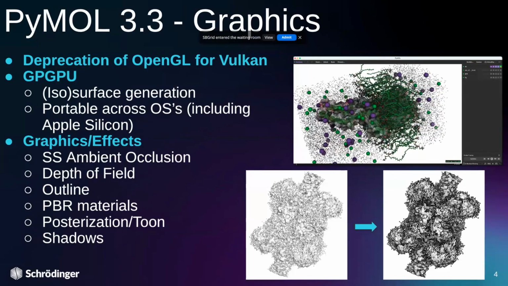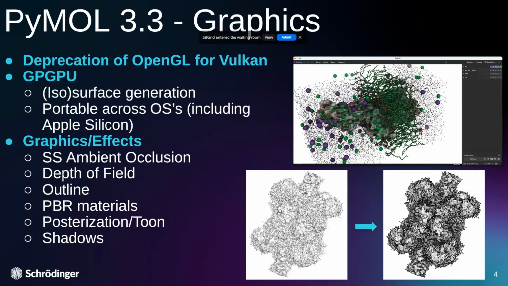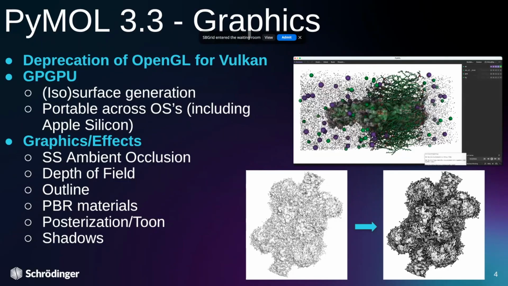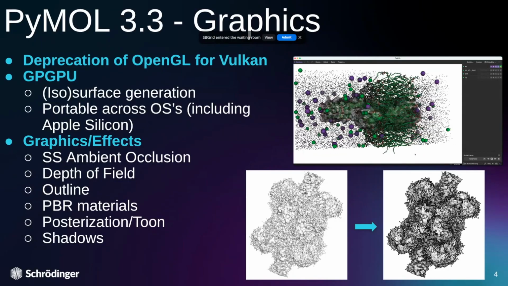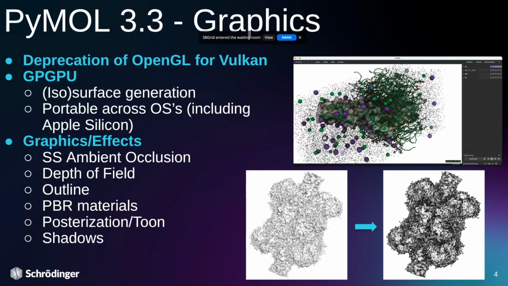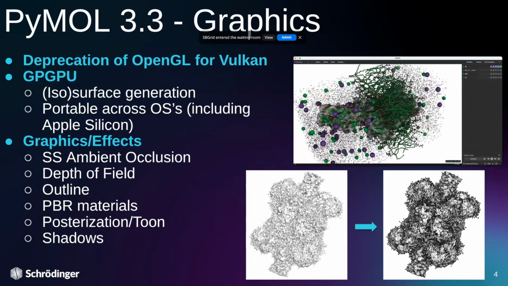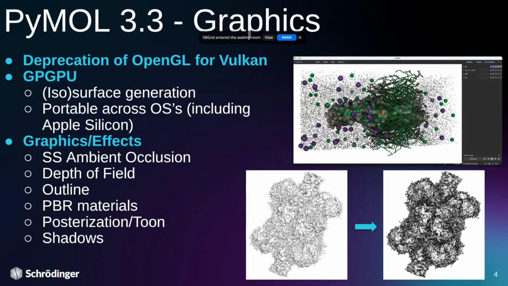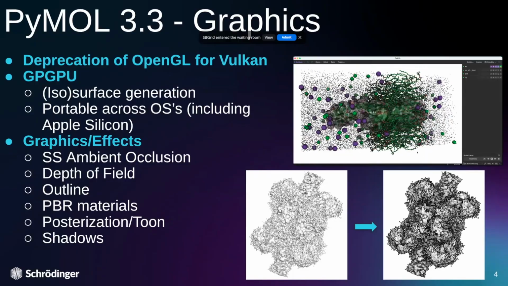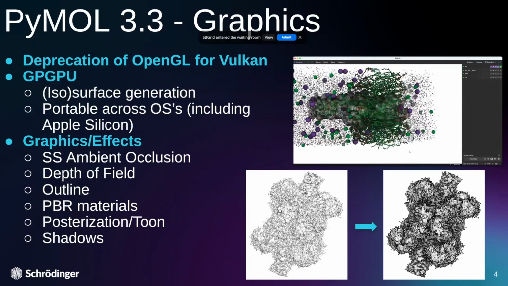But starting in 3.3, we now give individuals the option to use their GPU instead to render transparent surfaces. So both the surface generation and, by default, the transparency will be done on the GPU. So everything should be as fast and real time as possible.